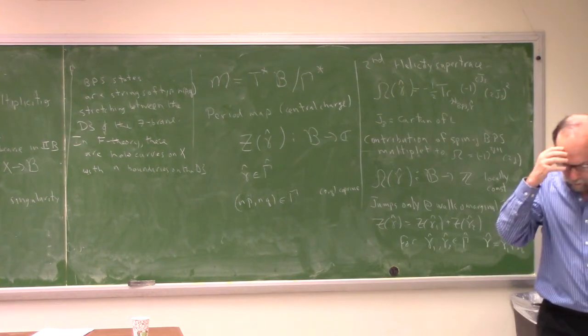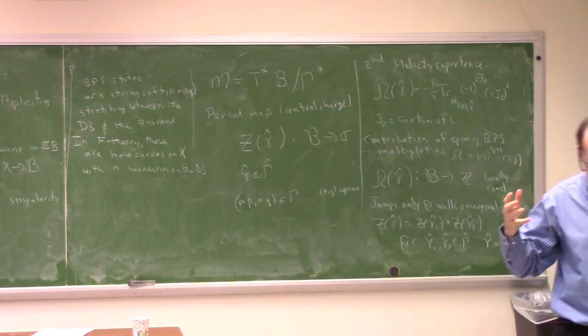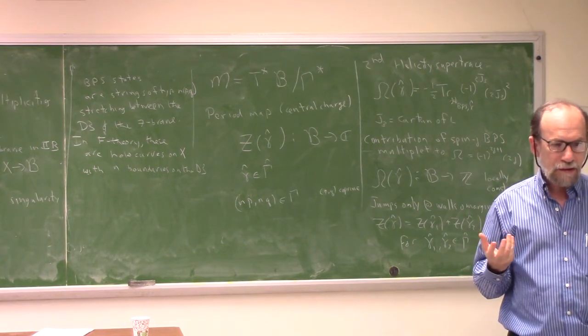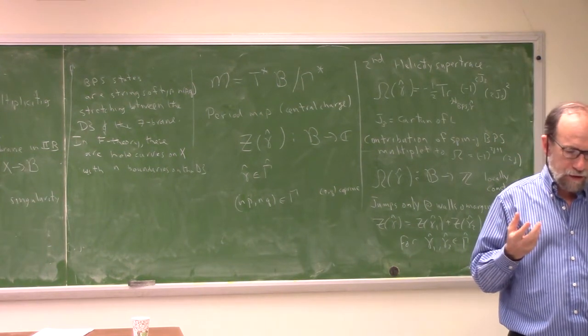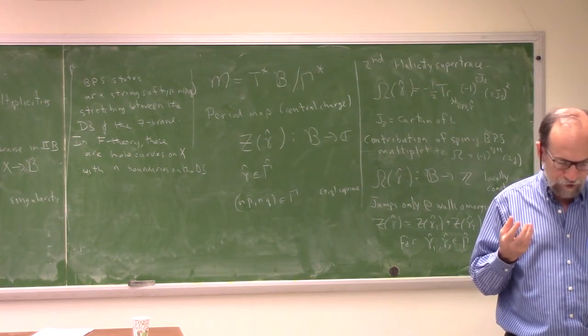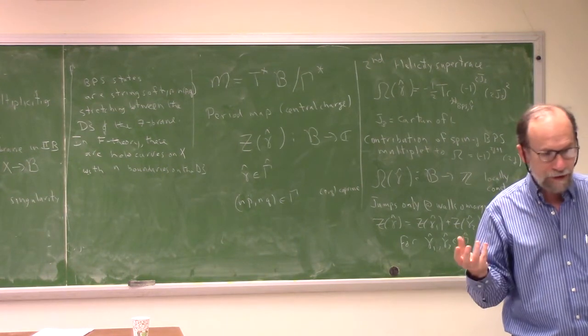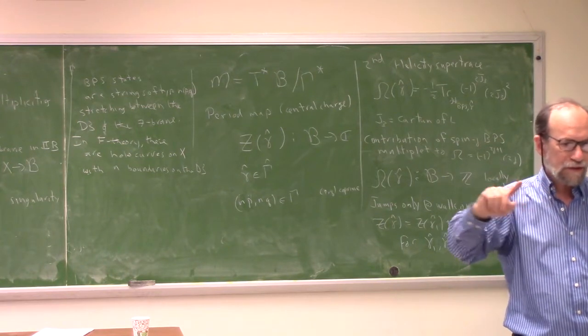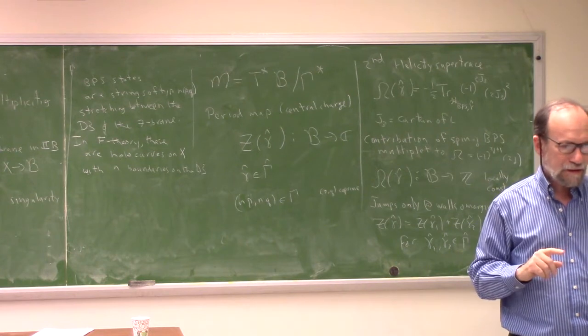When I say holomorphic, remember X was hyperkähler, so it has a whole P1's worth of complex structures. So these are two real dimensional surfaces which are holomorphic in some complex structure. Which one depends precisely on what the central charge is.